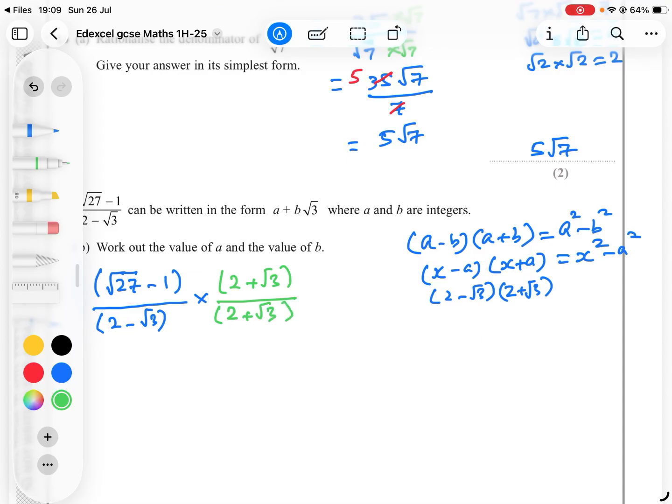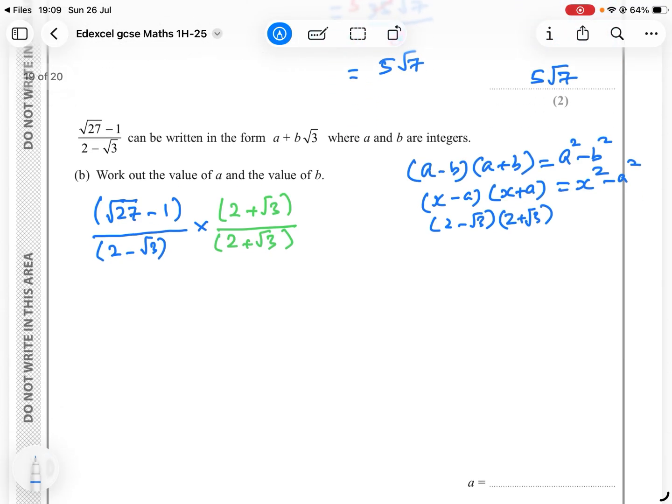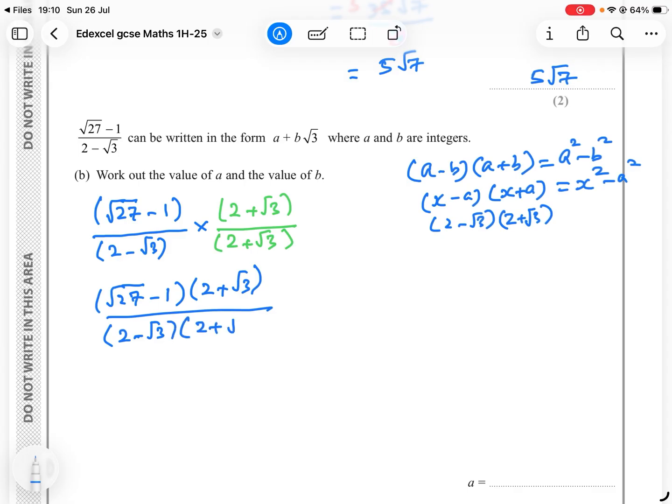Okay, now so that means root 27 take away 1 times 2 plus root 3 divided by 2 minus root 3 times 2 plus root 3.